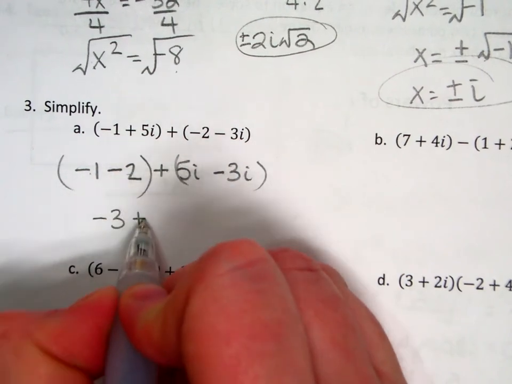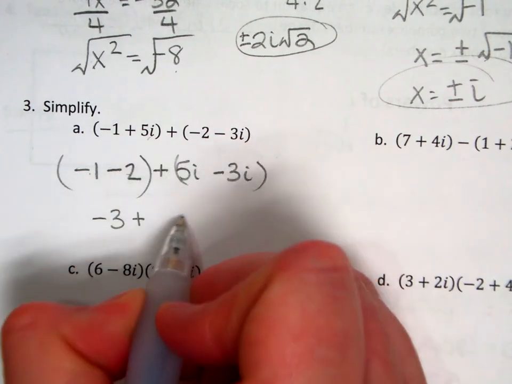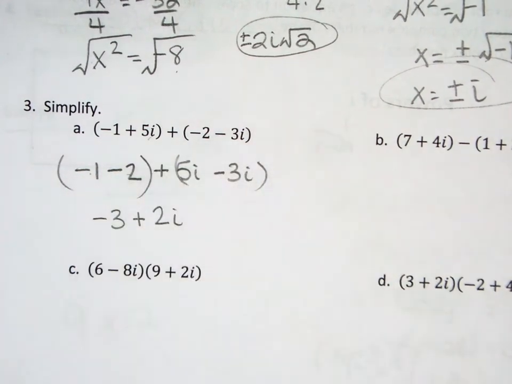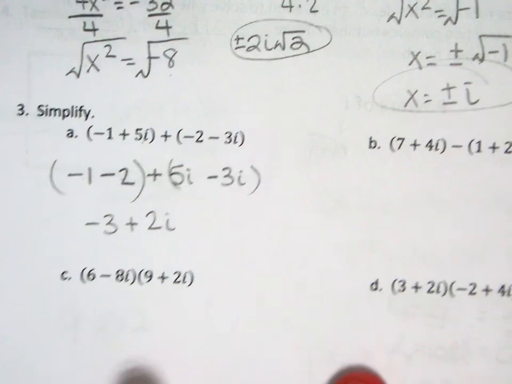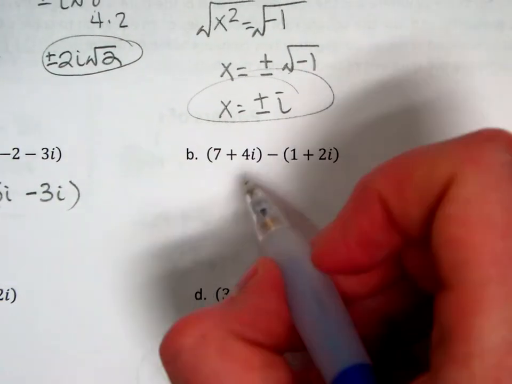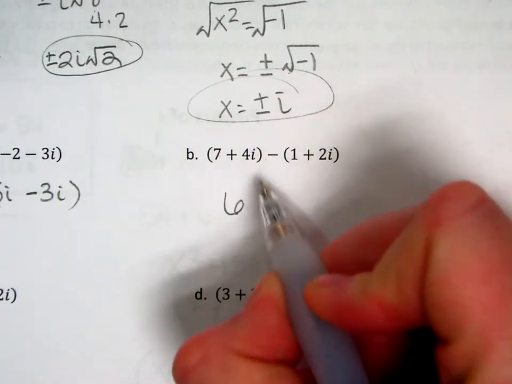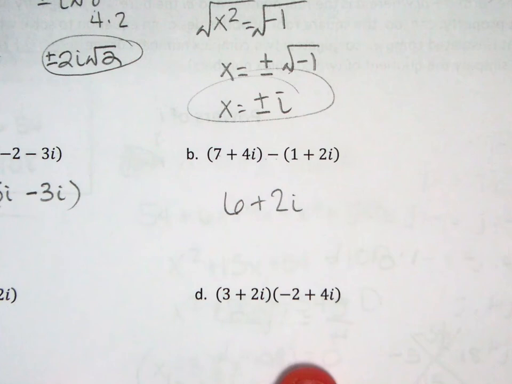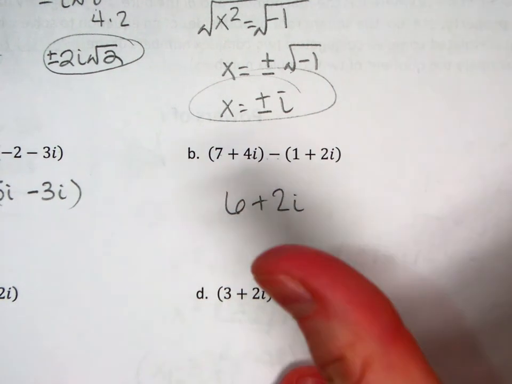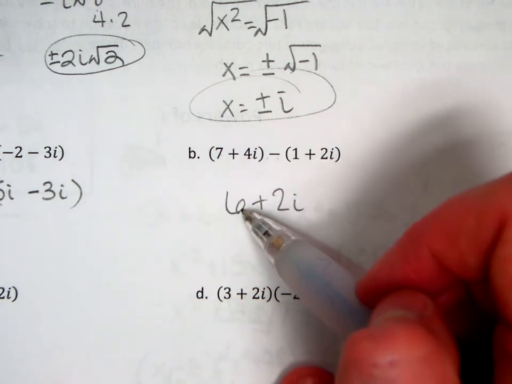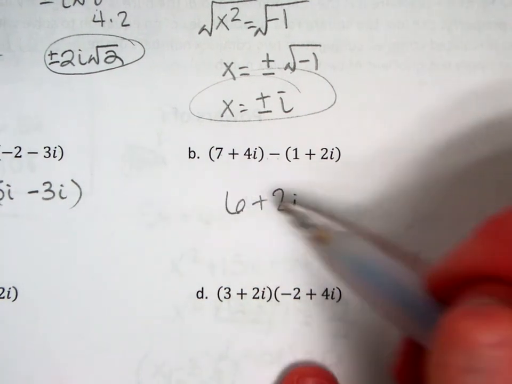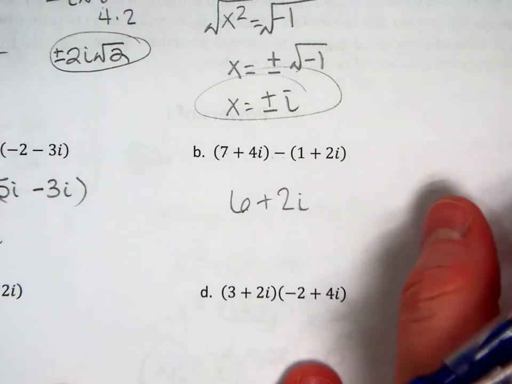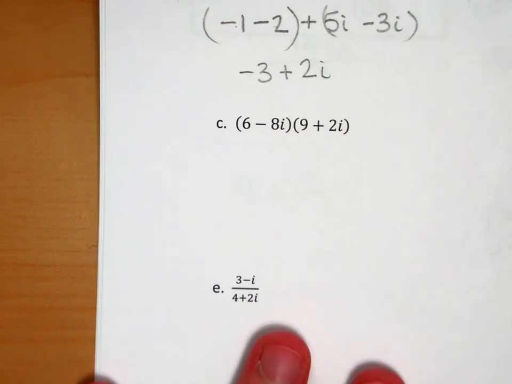Negative 1 minus 2 is a negative 3, plus 5 minus 3 gives me a 2i. Same thing with subtraction over here. 7 minus 1 is 6. 4i minus 2i is a plus 2i. They are different terms, so this is real, this is imaginary, so they have to stay separated. It does not combine to be 8i.